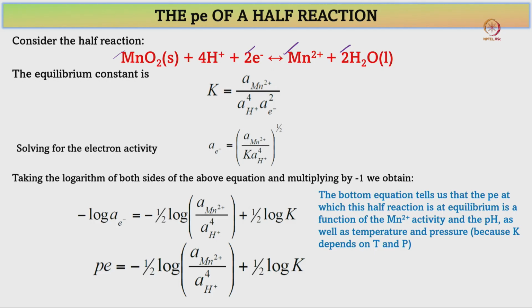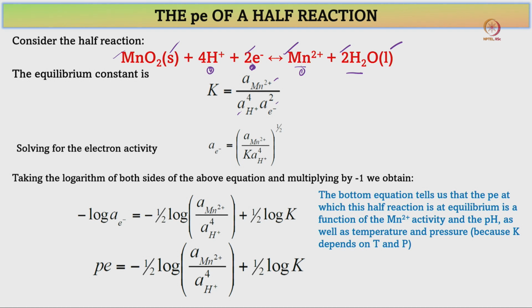Now, let us write this in terms of the equilibrium constant. So, K is equal to the activity of Mn2 plus, and of course, we do not write the activity of water because it is a pure liquid phase. We do not write the activity term for liquids and gases. So, we are going to write only these terms, 1, 2 and 3. On the product side we are going to write Mn2 plus divided by the activity of H plus ions and the activity of the electron.